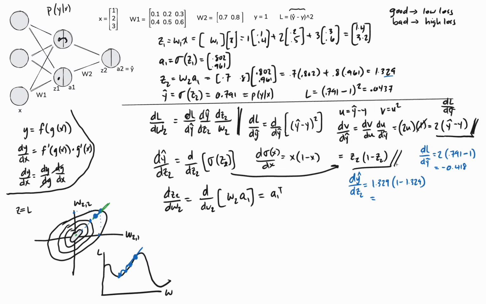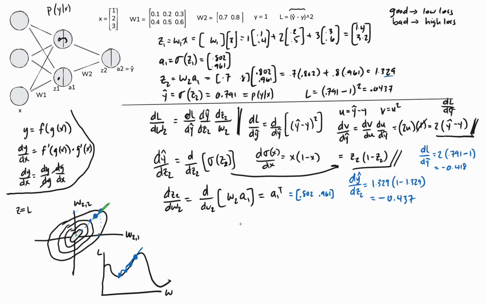Had some inconsistencies here, so let me recompute this. Maybe something got switched up somewhere. But based on what we have here, this is equal to negative 0.437. And then this is going to be equal to a1 transpose. A1 is this, so it's going to be like a row vector, 0.82, 0.961.